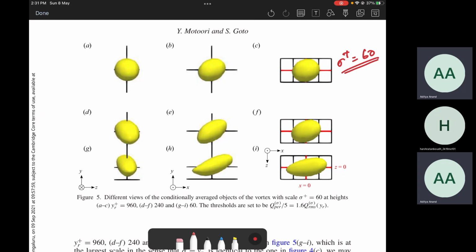This is essentially a small structure, but at three different wall locations, and they are more or less spherical. What this shows is that the small scales are isotropically oriented, so if you take an average of it, it will be spherical in nature.